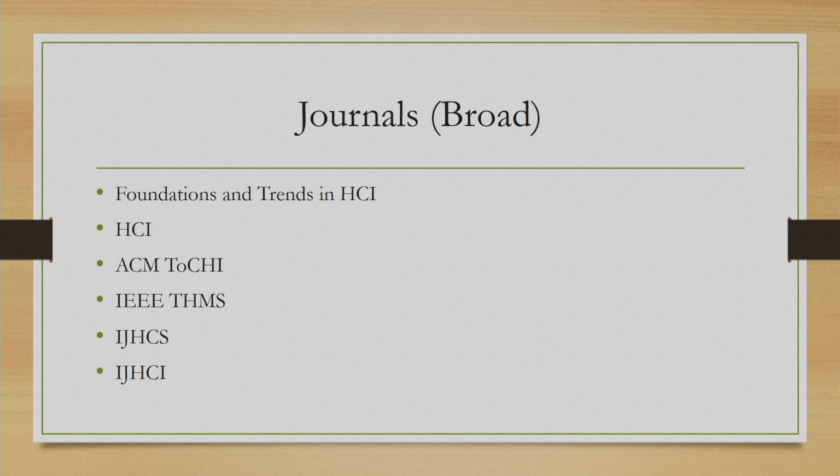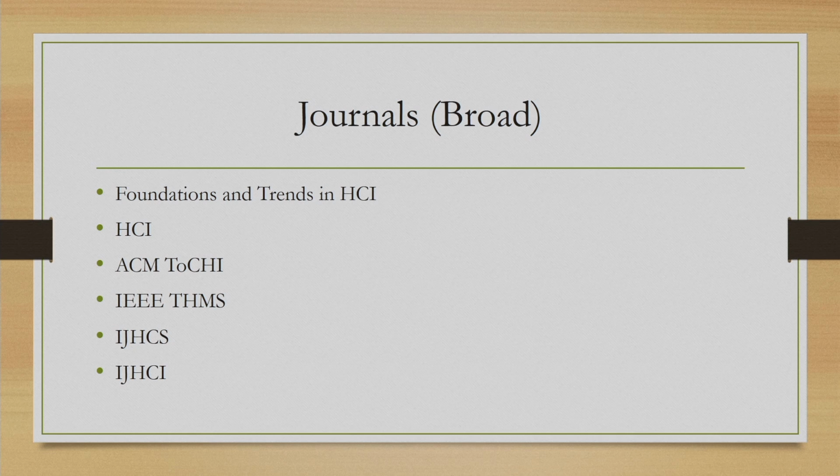That includes engineering background, computer science background, electronics background, sociology background, anthropology background, and so on. It is a vast collection of areas, and these conferences or journals actually cater to most of these areas.